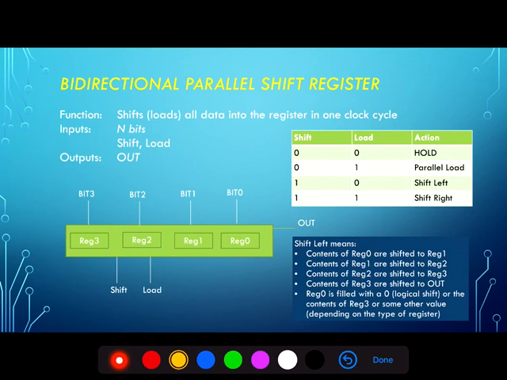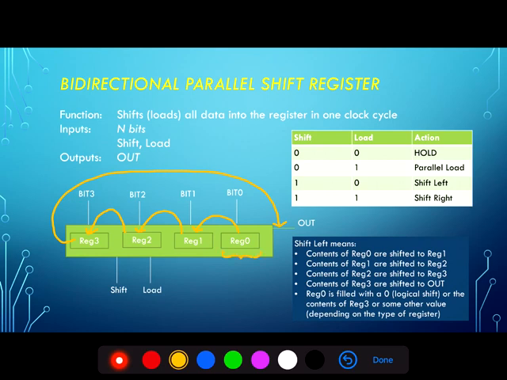In the shift left condition, the contents of register 0 are shifted to register 1, contents of register 1 shifted to register 2, and from register 2 to register 3. The value in register 3 now may be shifted to the output, and then register 0, what goes in here?